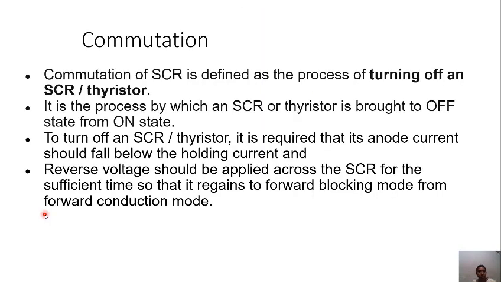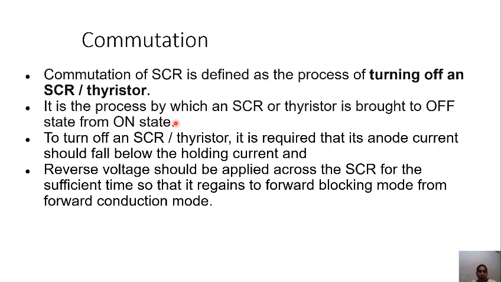So what is commutation? Commutation is nothing but the process of turning off a conducting SCR. It is a process in which SCR is brought to off state from on state. There are two conditions to bring a conducting SCR to off state.